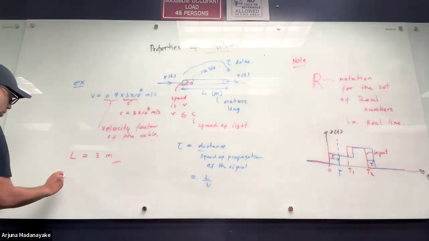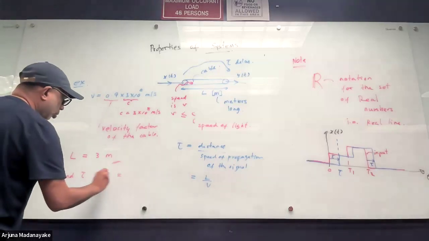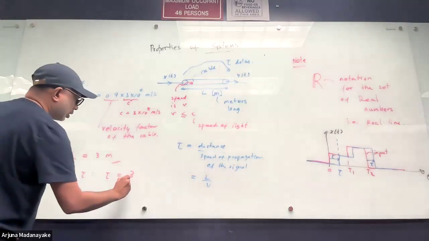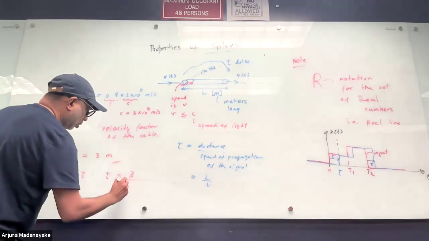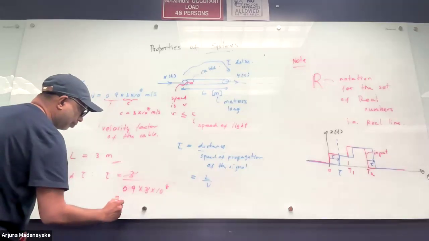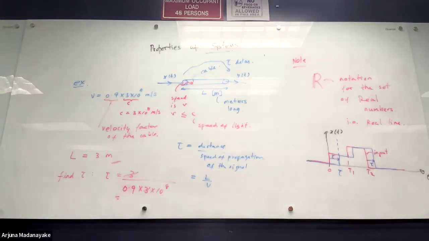So find tau. Tau is equal to 3 meters divided by V. Can somebody work it out? No, okay.